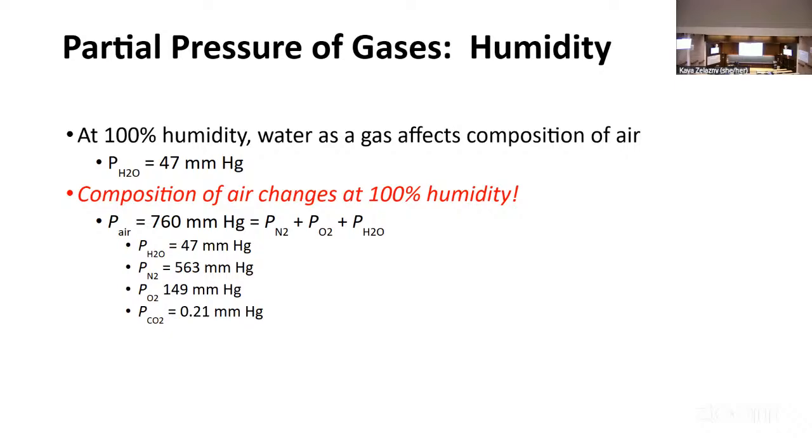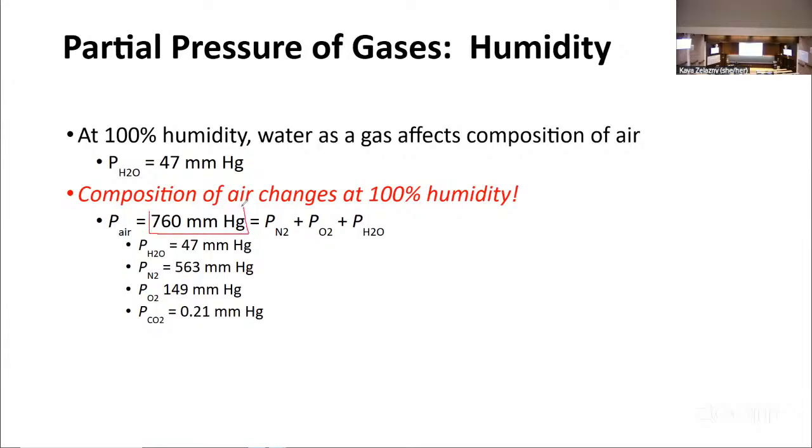Okay. Now let's add on our water. So we're going to see even at 100% humidity, right, our atmospheric pressure is going to stay about the same, right? So we're going to keep that atmospheric pressure at 760. So this is not dictated by the number of gases. Our atmospheric pressure worldwide stays relatively steady. It just changes based on altitude mostly, right?